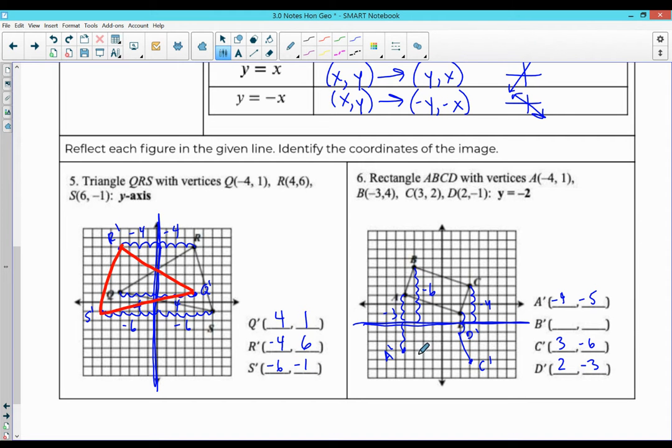That's B prime, at negative 3, negative 8. All right, and as we can see, it flips over because the point D stays closest to that line of reflection. B is the furthest away. Really important that you label those vertices in the image so that they line up.